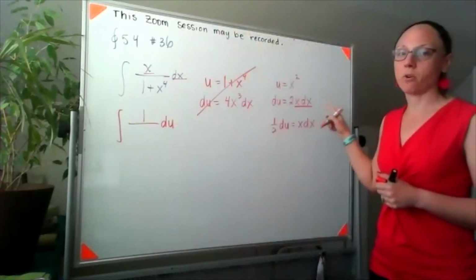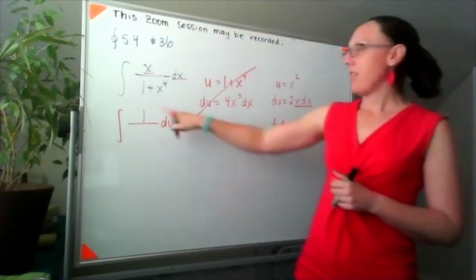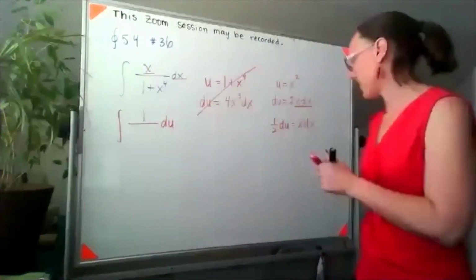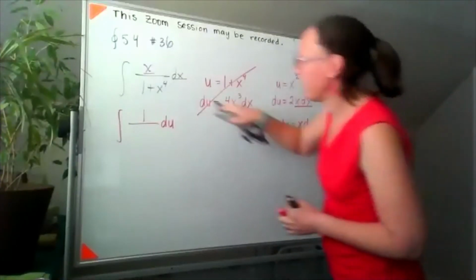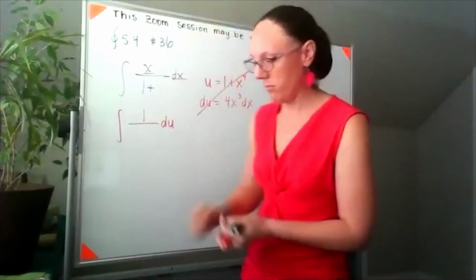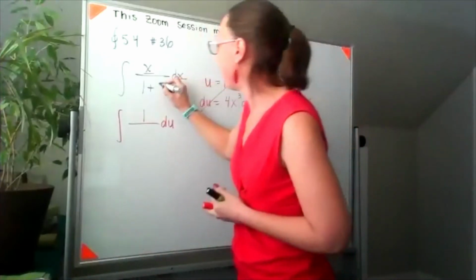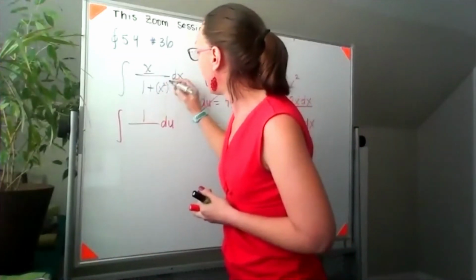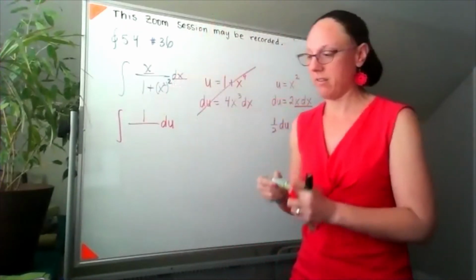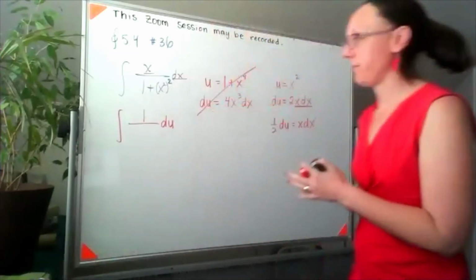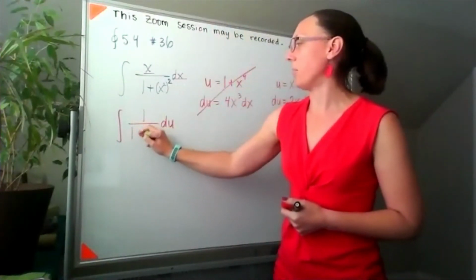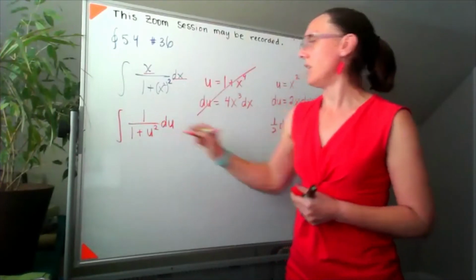And if I use my vocabulary list, then I can think about that 1 plus x to the 4th as actually being 1 plus x squared squared again. So the denominator would become 1 plus u squared.